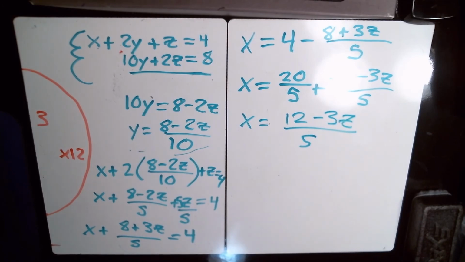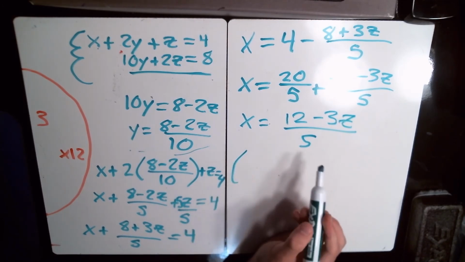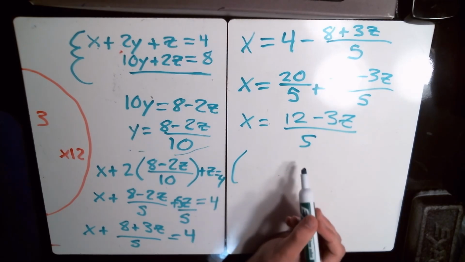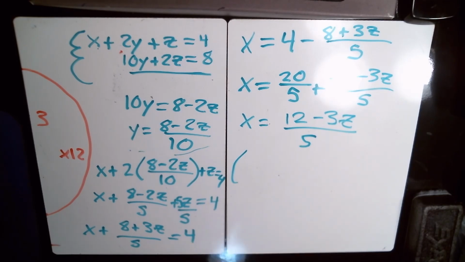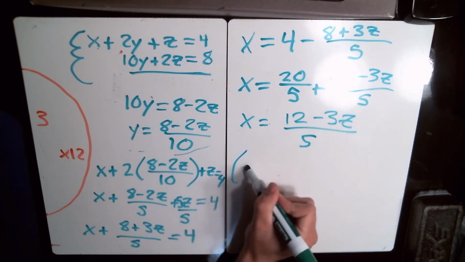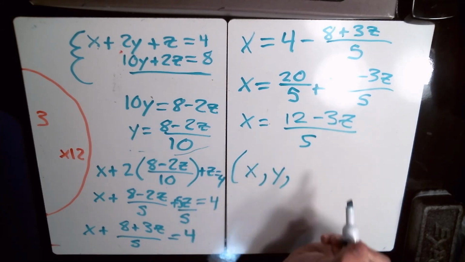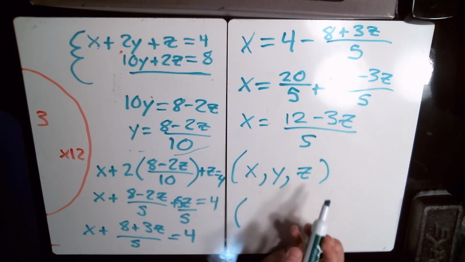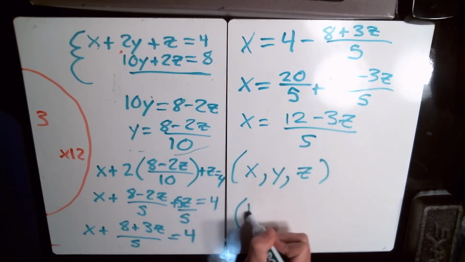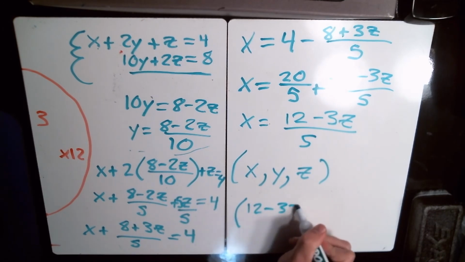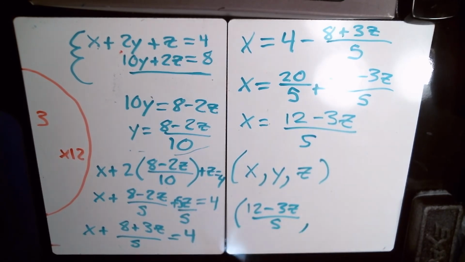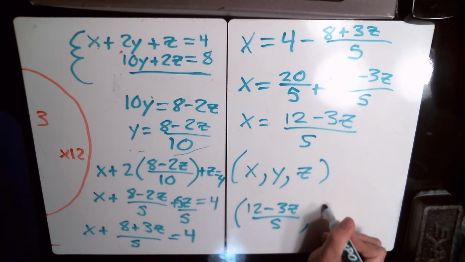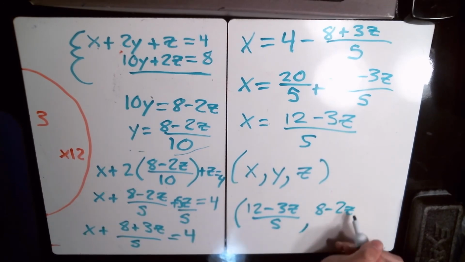So our answer here, we now have an equation for x and y in terms of z, right? And our answers for this are points, right? X, y, and z. So what you do is you just take the equation for x and put that into your point, and then the equation for y, and then z is just equal to z.